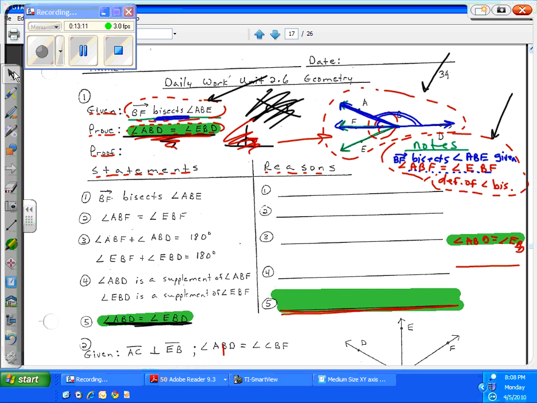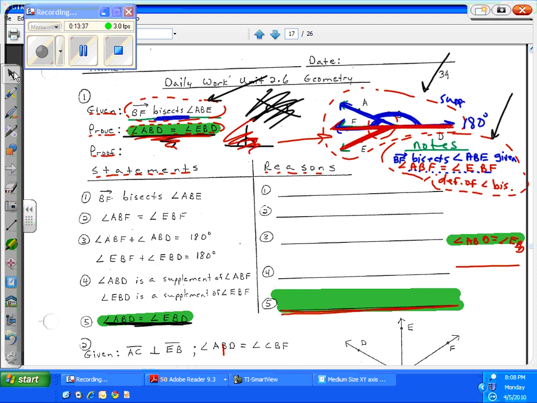But if you're familiar with what we just got through doing, you may go, oh, look, we've got a straight angle. And a straight angle is 180. And that means that this angle over here, this little one, and that big one are supplementary. And it's a straight line this way too on the bottom.